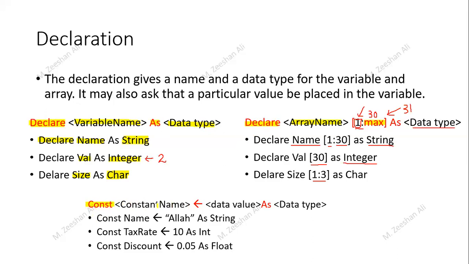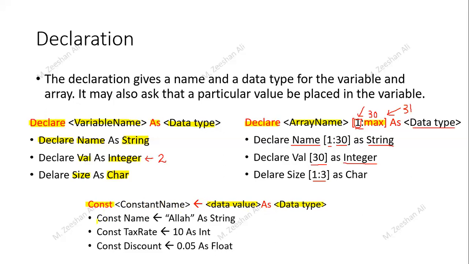You can use capital letters to show, as I have shown here, constant and name. There are 2 words, so I have made C capital and N capital. Then we need to show the value of that constant, which is not going to change during the execution of the program. And then we can mention the data type after writing S.